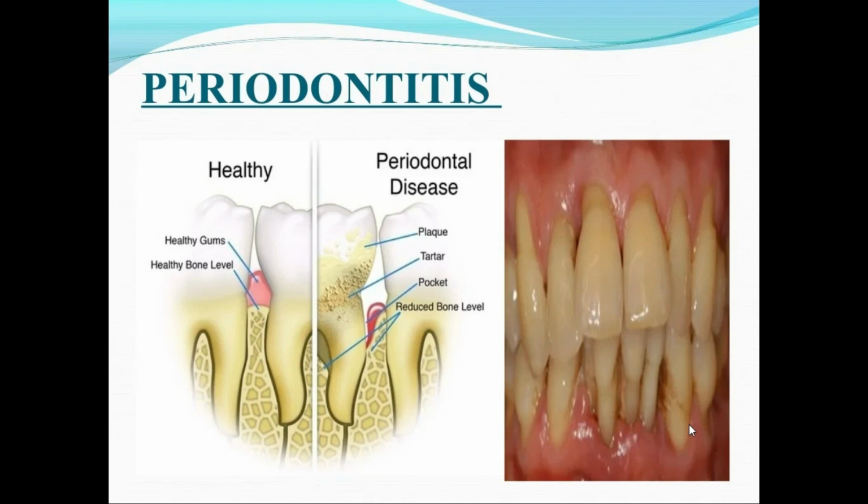If we talk about some signs and symptoms of periodontitis, healthy gums are firm and pale pink. Let's compare here both diagrams, the healthy with the periodontal disease. We can see that healthy gums are tough and firm and fit around the teeth.